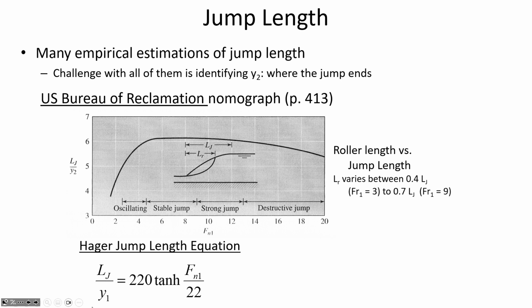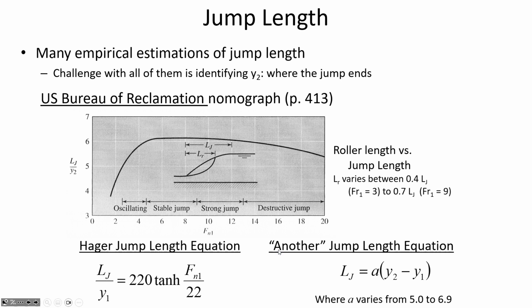And our book even mentions what it calls just another jump equation. They don't even bother naming it, but it suggests the length of the hydraulic jump has some coefficient that varies between 5 and 6.9, and you multiply that by the elevation difference between upstream and downstream, and that gives you the jump length.